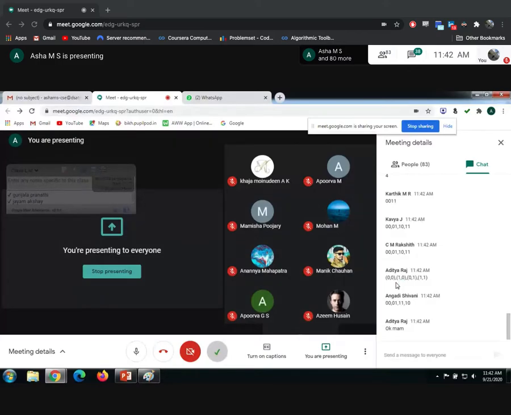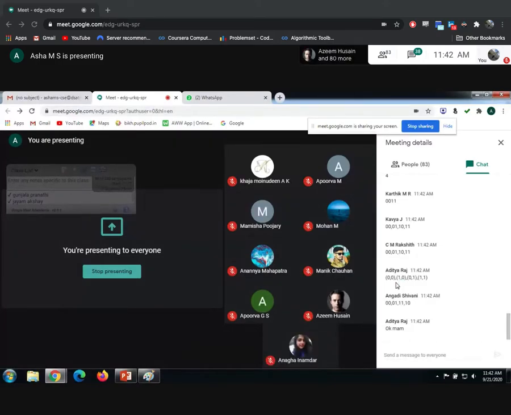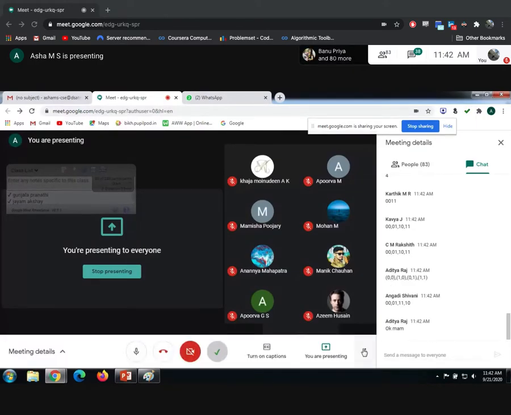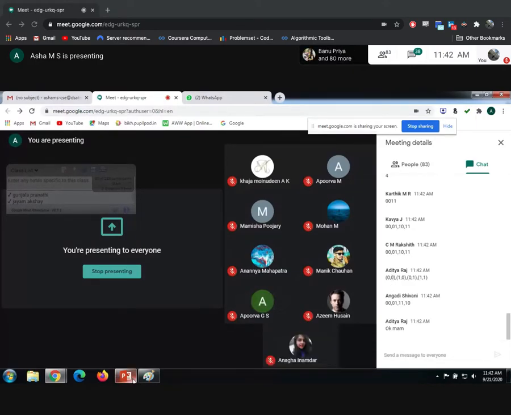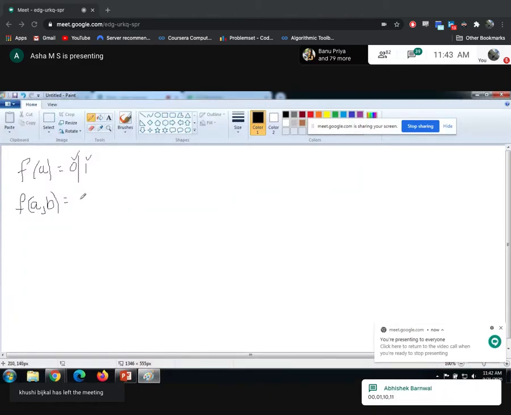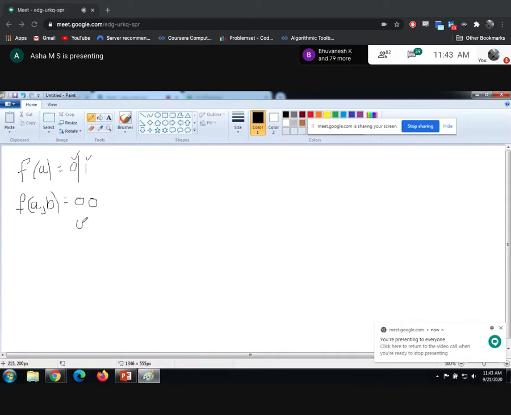If you use comma, it's like a different thing. So when it is together, it's better to write together. Okay. We got 4 different values, that is 00, 01, 10, 11.